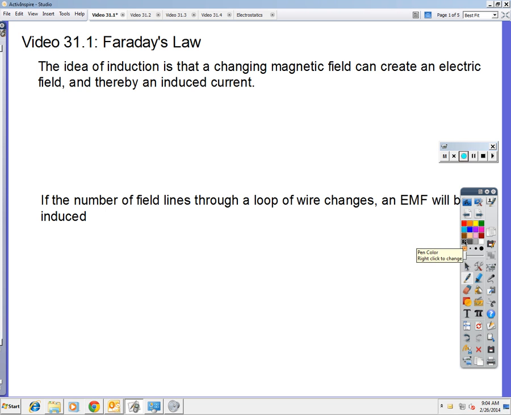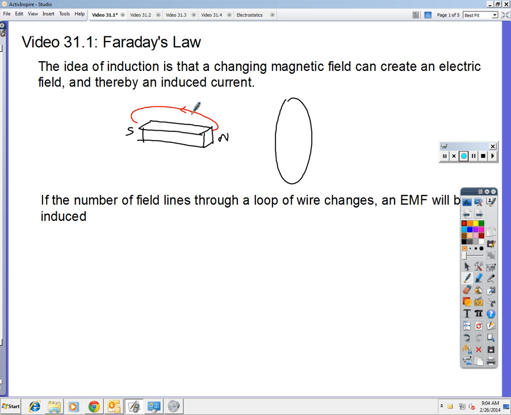There's some things you notice, like for instance, if you take a loop of wire and you take a bar magnet, north and south, and the field lines point from north to south, about like that.